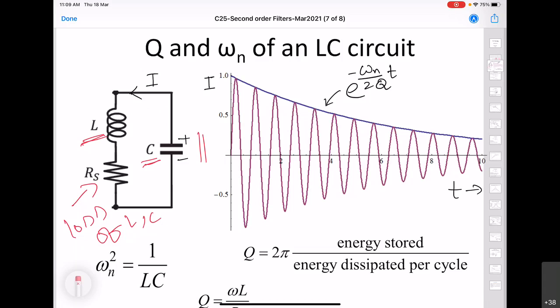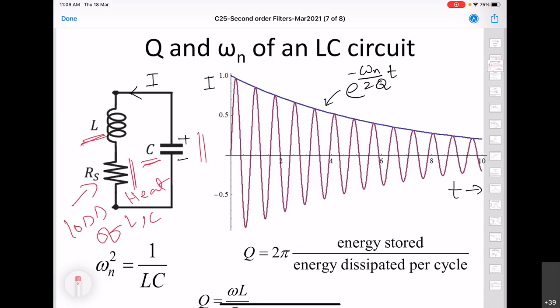So what will happen to the current? Of course, the current will start flowing, and the current will have this sinusoidal behavior, right? In the beginning it will be large, but there is a resistor present here. So the energy which was stored in the capacitor will start getting converted into heat because of this resistor. So there will be, of course, a decay of the amplitude of the current.